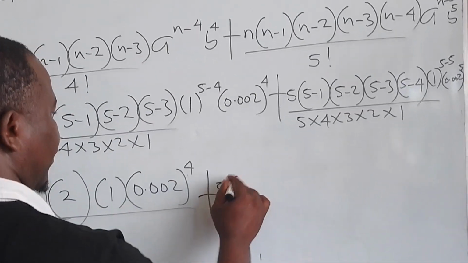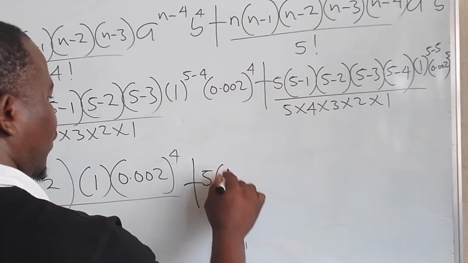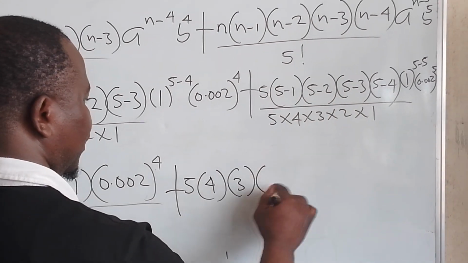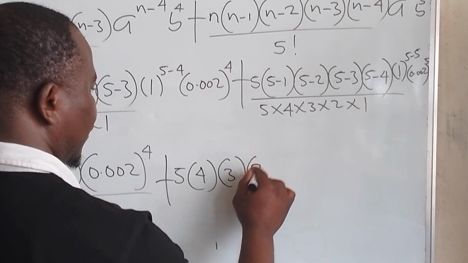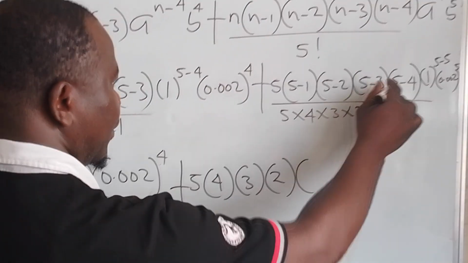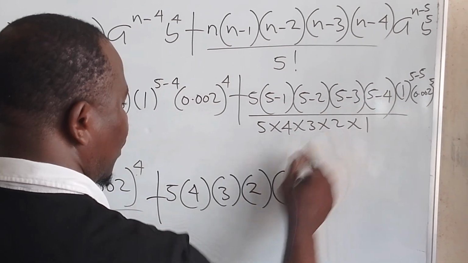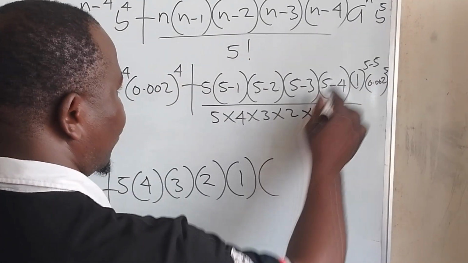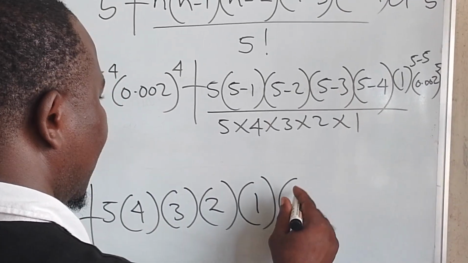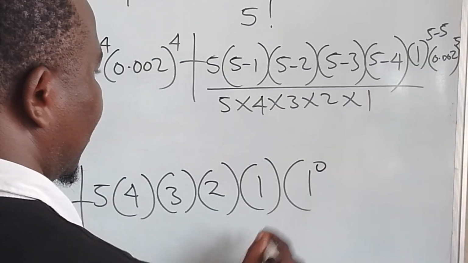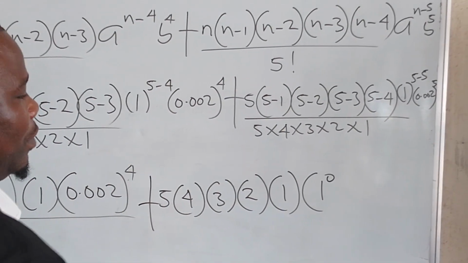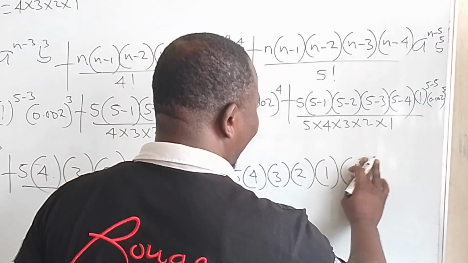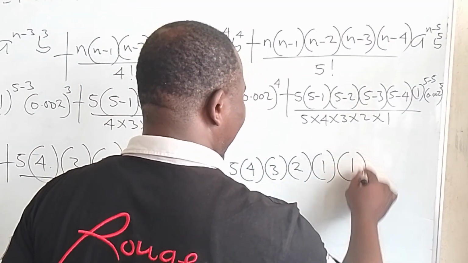Is that clear? So 24 plus, yes, let's look at the final part. Here is 5. 5 minus 1, 4. 5 minus 2, 3. 5 minus 3 gives us 2. Then 5 minus 4 will give us 1. Then 1 raised to the power of 5 minus 5 is going to give us 1 raised to power 0. But 1 raised to power 0 in mathematics is the same thing as 1, so it's not necessary you write it.